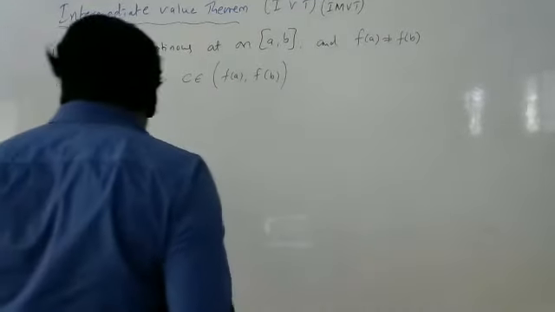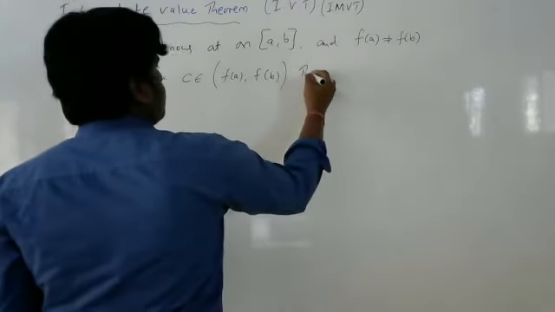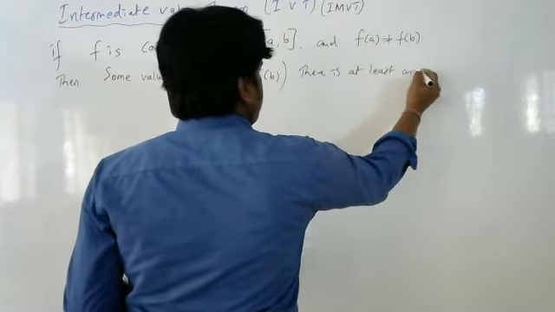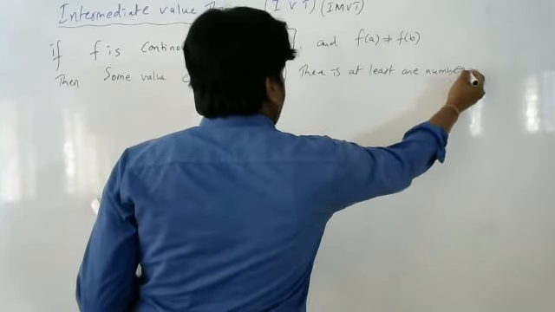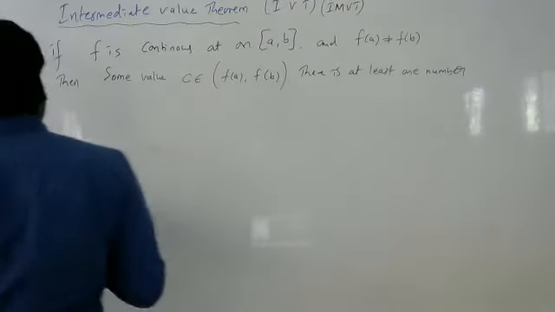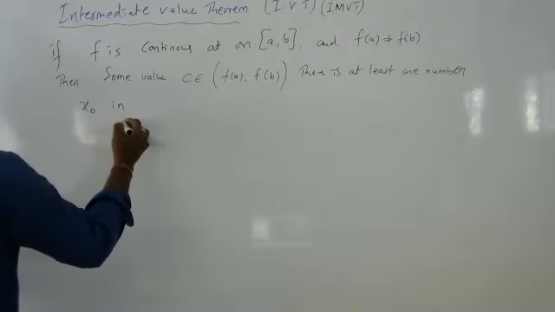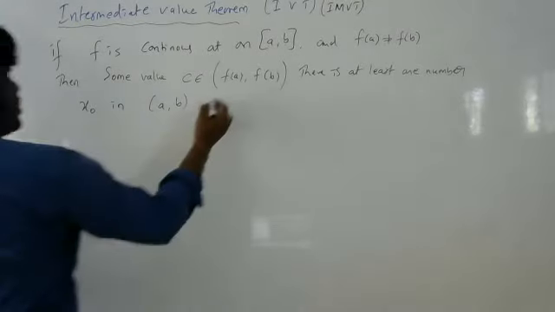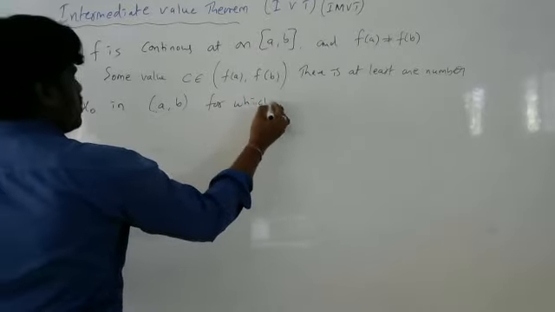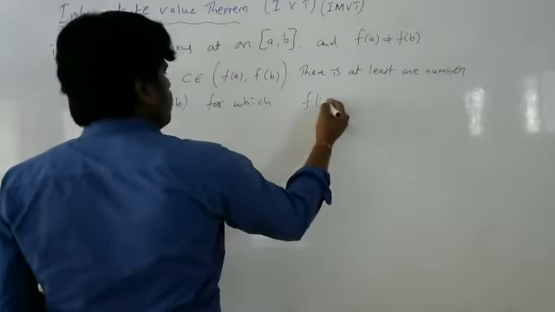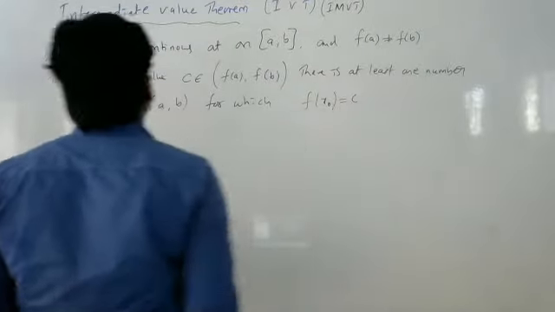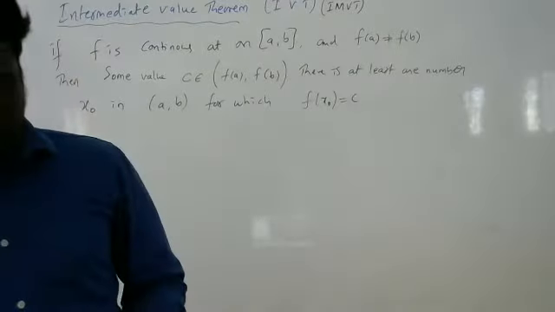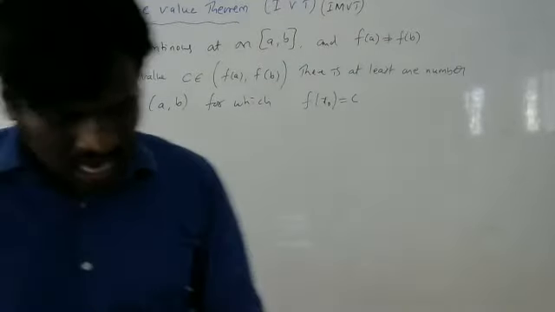There is at least one number x naught in the open interval a comma b for which f of x naught is equal to 0. So this is what we call the intermediate mean value theorem, also IMVT theorem.